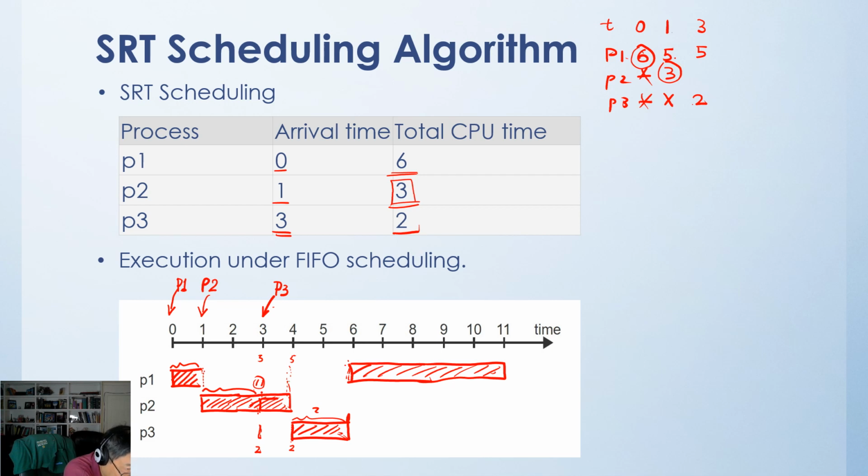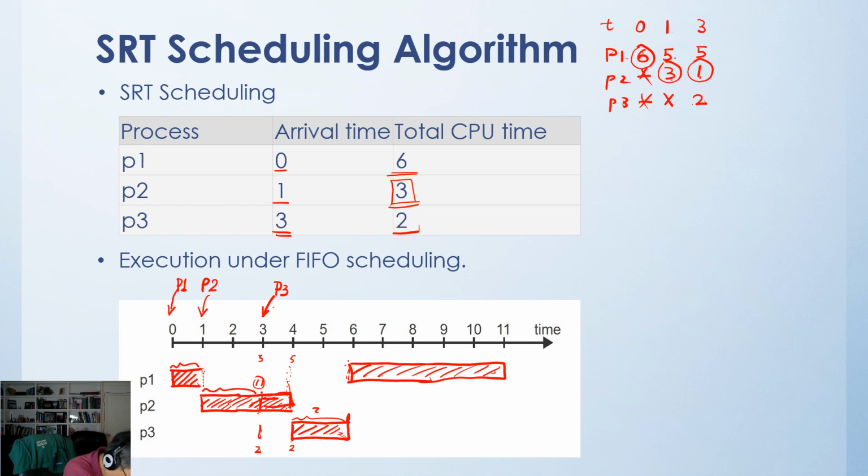Now P2 entered at the time 1, it was 3, and then after 2 time units, P2 has 1 time unit remaining, right? So which one will be selected at the time 3? Still P2. So that's why P2 continues.